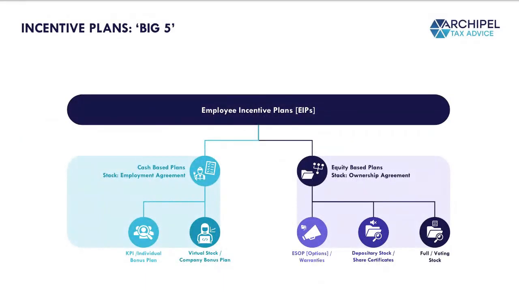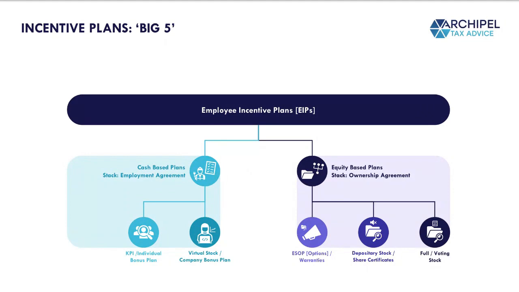I say there are incentive plans, main category, and you can divide those into cash-based plans and equity-based plans. And the cash-based plans are usually implemented through, let's call it the stack of the employment agreement. So either they are a clause in the original employment agreement themselves, or more often they are a separate addendum to the employment agreement. And you have the equity-based plans, which are implemented through some sort of ownership agreement.